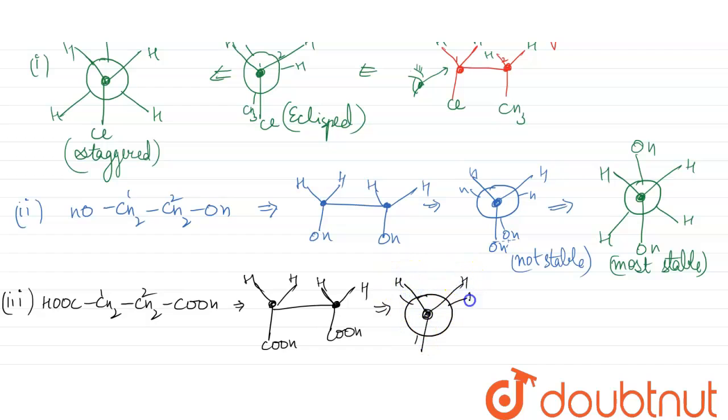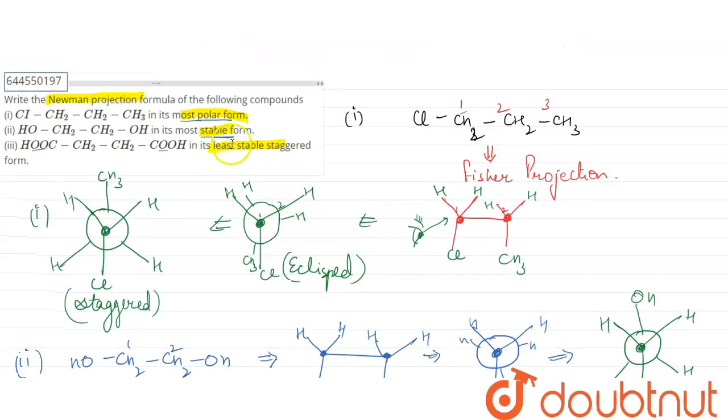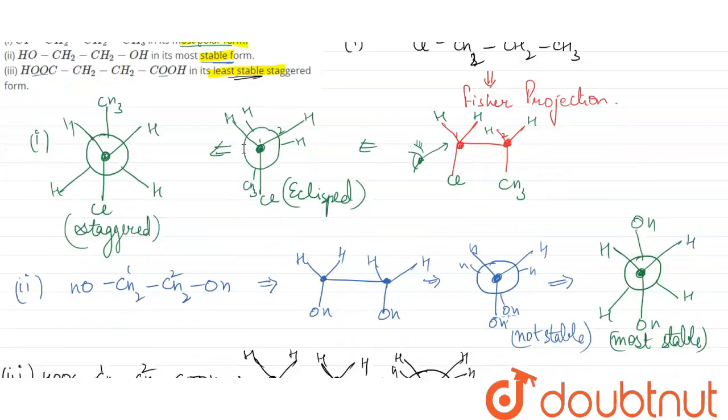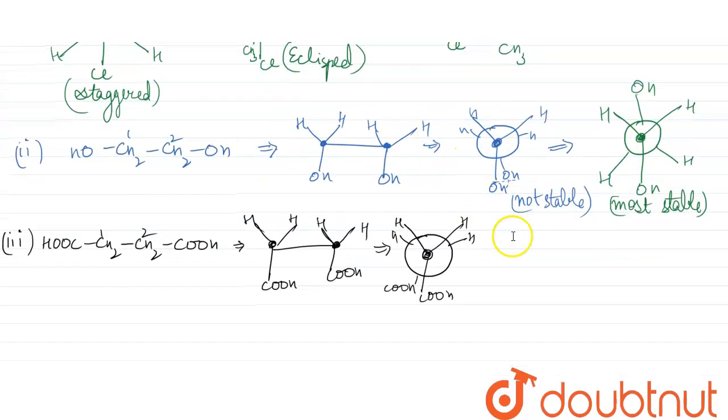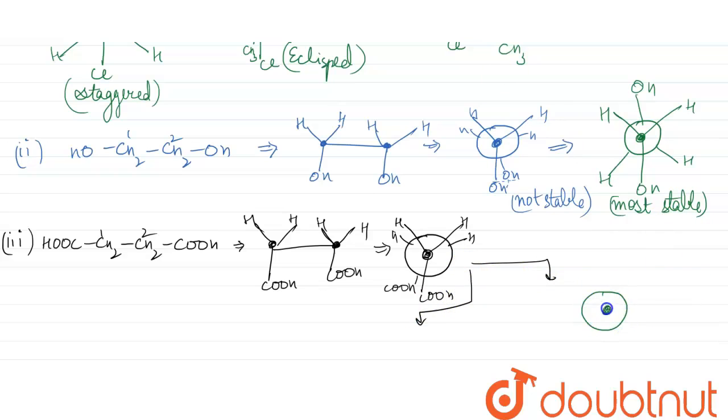H, H, H, H, and COOH, COOH. Now what we need here is the least stable form, the least stable staggered form. This is eclipsed, and we know that staggered means stable. So we can form two staggered forms of this one, and I will be drawing both.